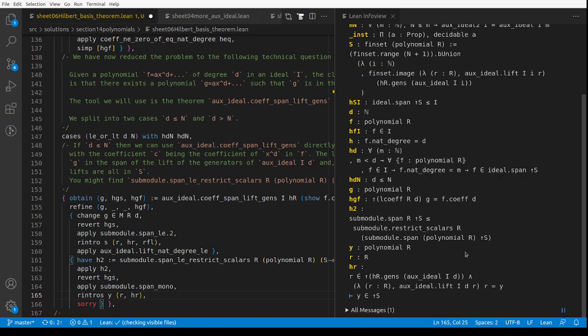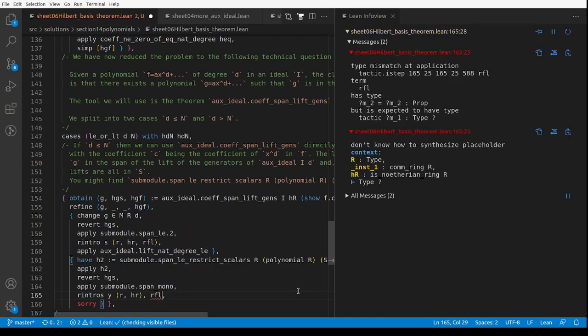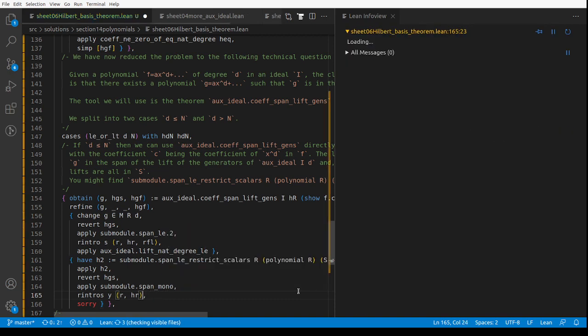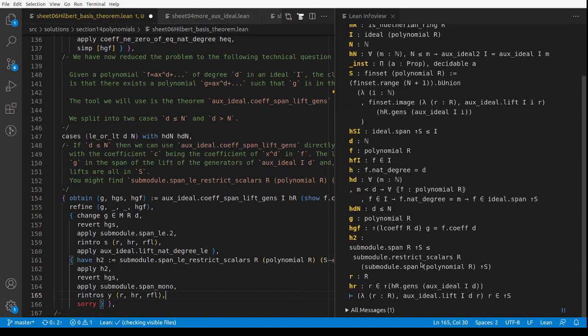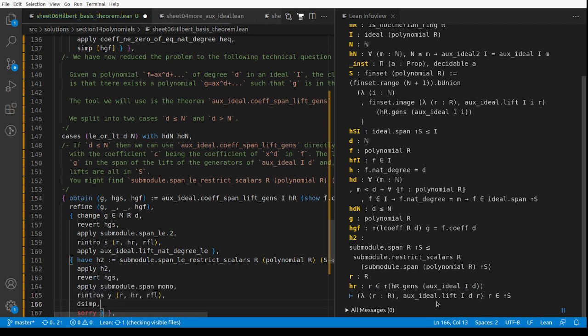Does this look good? Yes. And that can be REFL. That can be REFL. And now I need that R, and now I can just desim that.